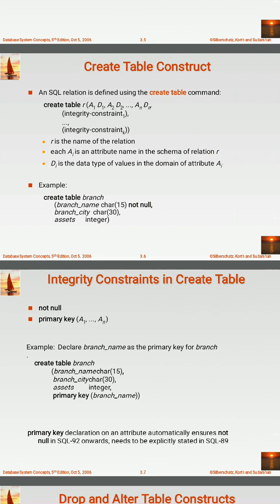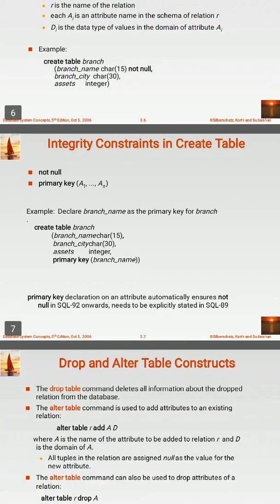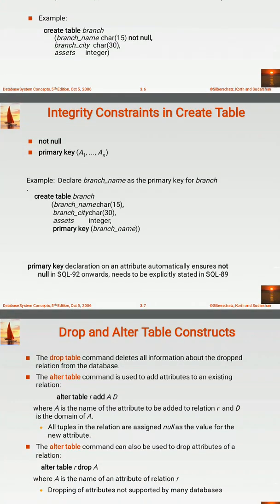Then how to impose constraints or integrity constraints in create table, such as not null. For example, we will see one example. Declare branch_name as the primary key for branch.